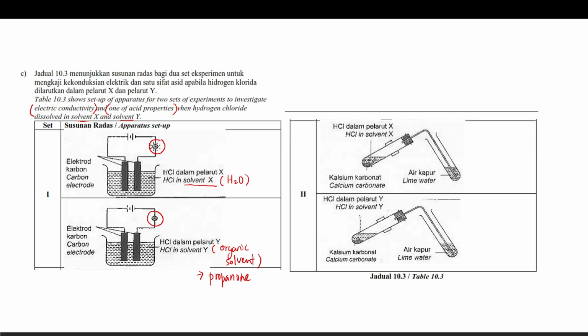In solvent X, you can see it produces colorless gas bubbles when it reacts with the calcium carbonate, and it will turn the lime water cloudy. But in solvent Y, the organic solvent, there are no bubbles produced. Then the lime water will remain unchanged.